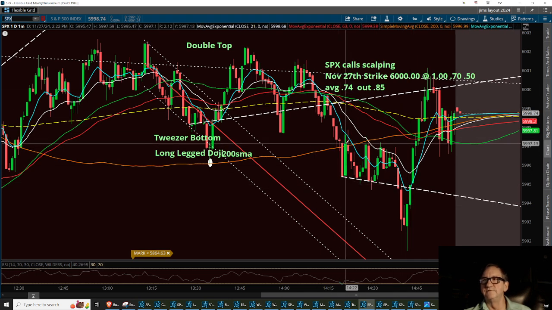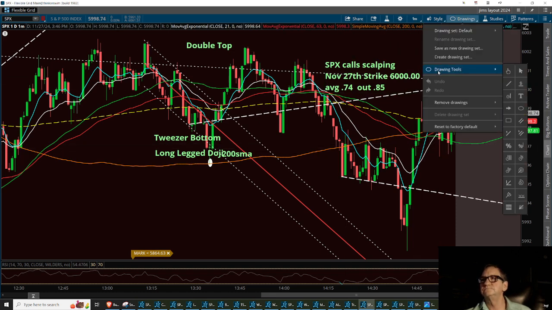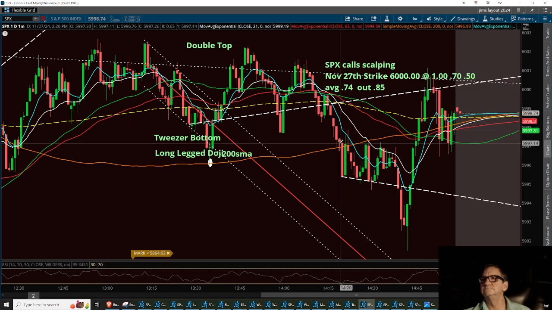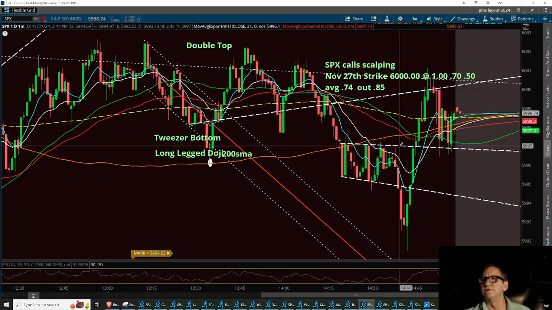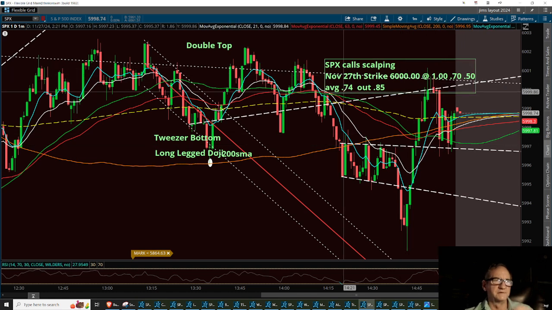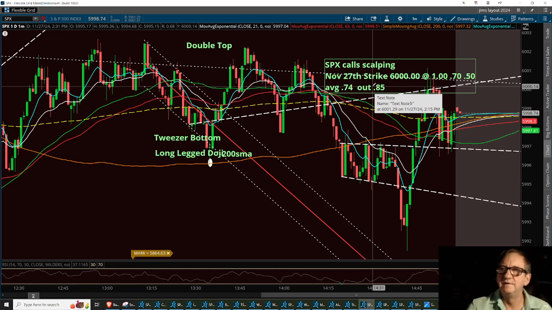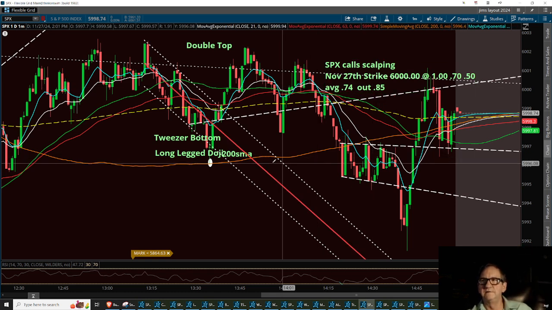It started building a flag. We had an ascending triangle right here, kind of a downward wedge. And I sold this way too early. I had to cost average down, and then the sucker runs up to $2.15. That would have been a $4,000 trade right there if I didn't chicken out of the trade.